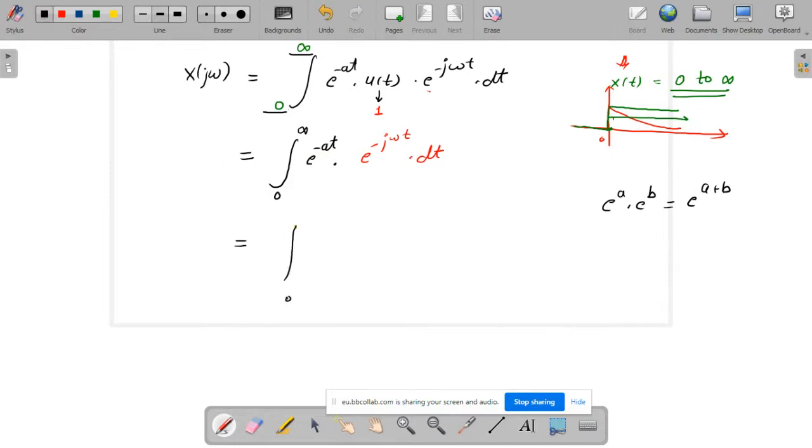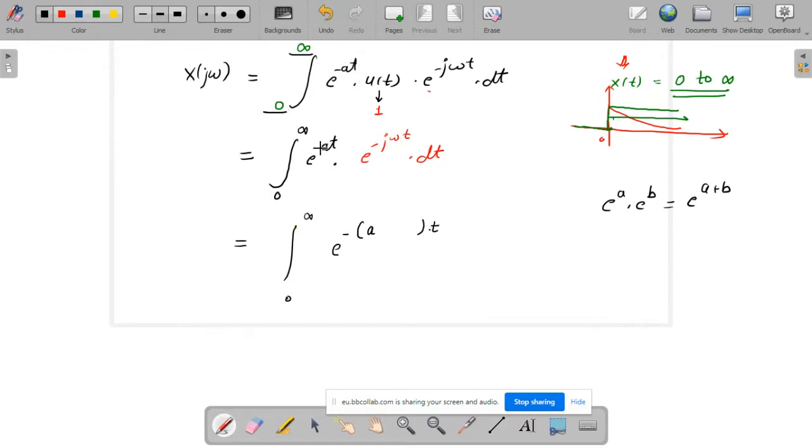I'm writing first 0 to infinity, and I'm writing like this. The minus sign is common in both, so I'm taking the minus sign out. What is remaining here? at is remaining, but you can see in both parts t is also common. So I'm taking t to this side, common.